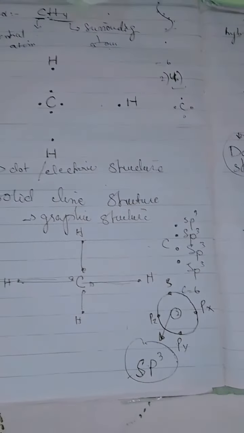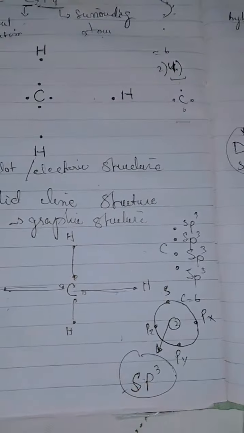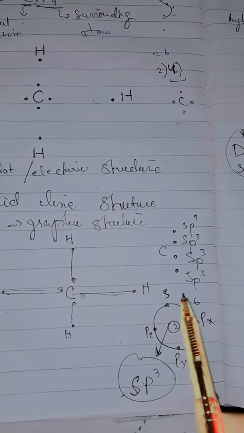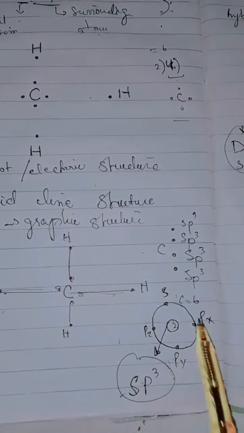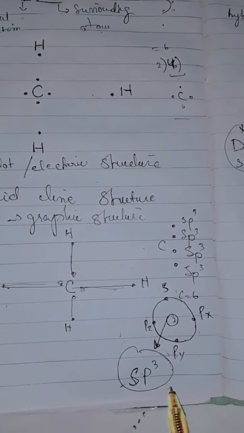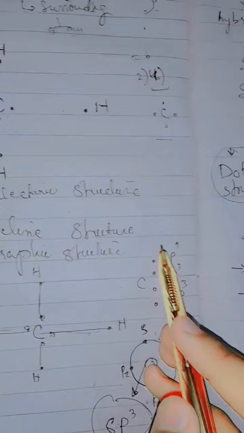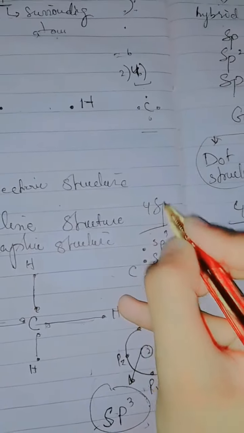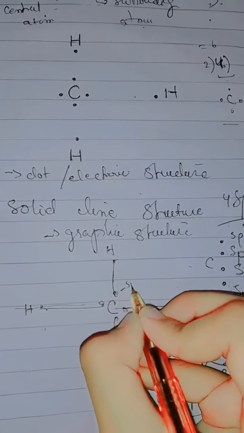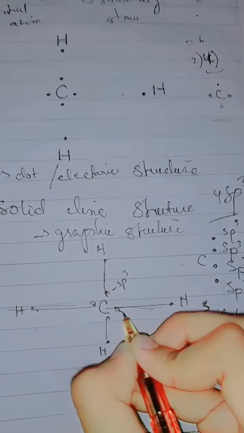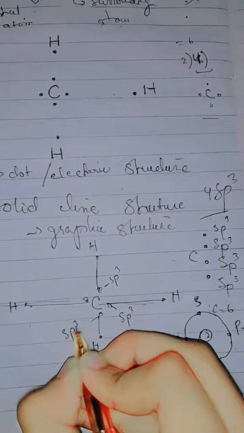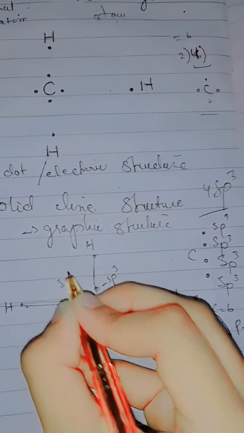We can easily know the hybrid orbital by this: it has 4 electrons, so 1 s and the 3 rest are px, py and pz, so it will have sp3. Now there are a total of 4 sp3.